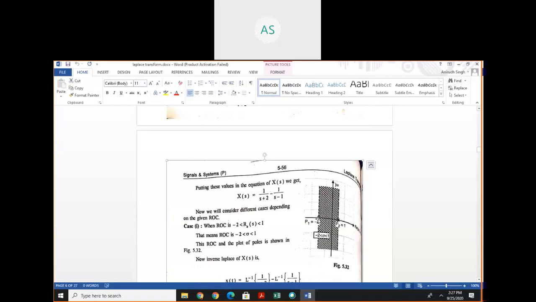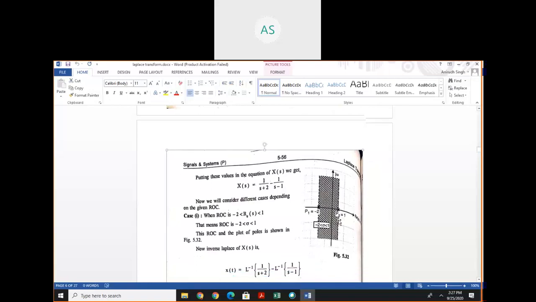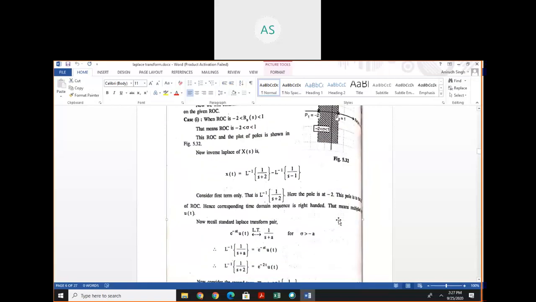Similarly, the value of a2 is -1, and we get X(s) equal to 1 by (s + 2) minus 1 by (s - 1).